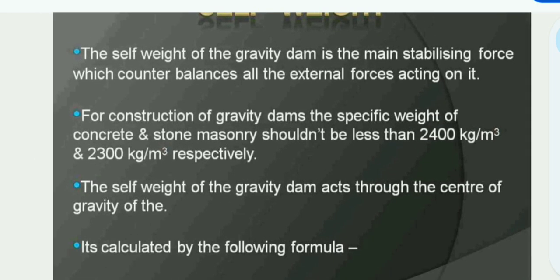Self-weight. The self-weight of a gravity dam is the main stabilizing force which counterbalances all the external forces acting on it. For construction of a gravity dam, the specific weight of concrete and stone masonry should not be less than 2400 kilogram per meter cube and 2300 kilogram per meter cube respectively.